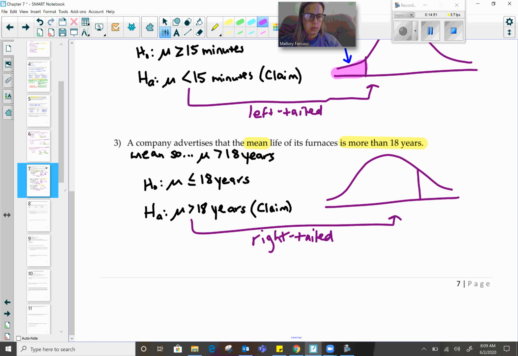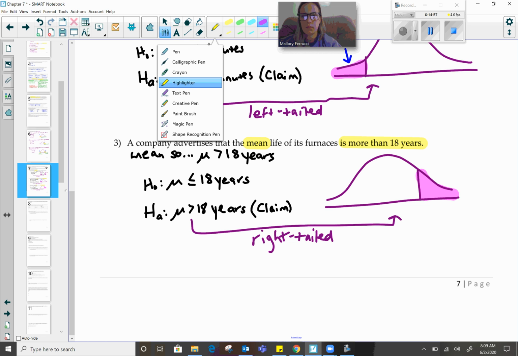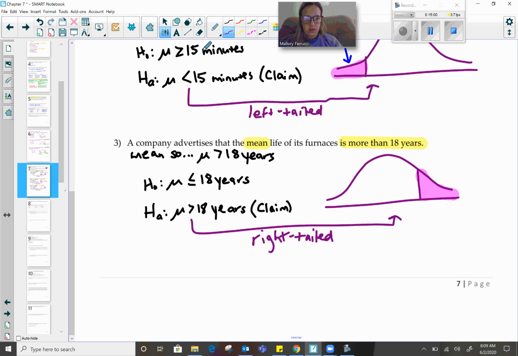It's going above. Okay, and right there is the p-value. Okay, so I'm gradually adding more steps to set you guys up in order to do the hypothesis testing.